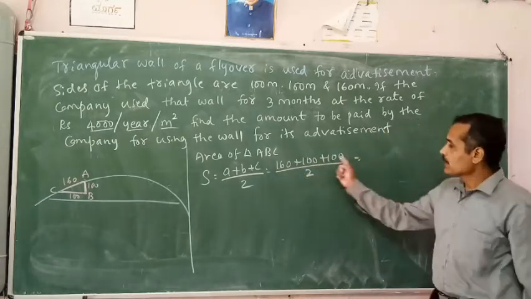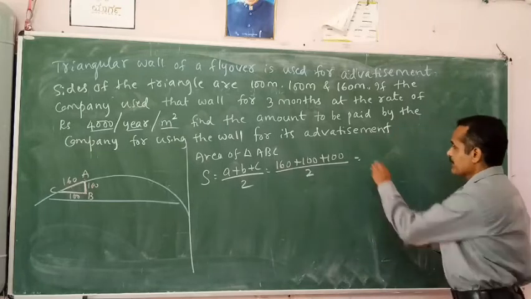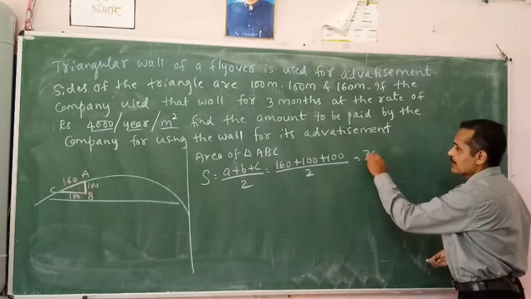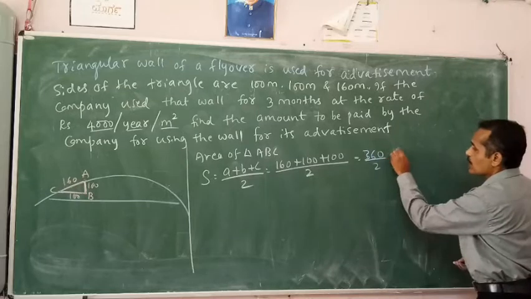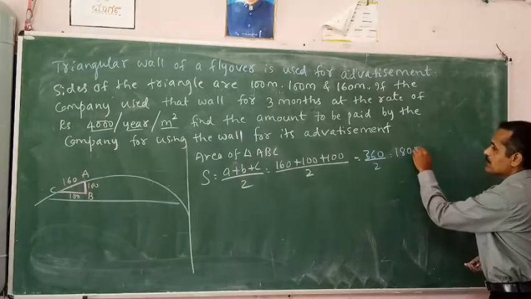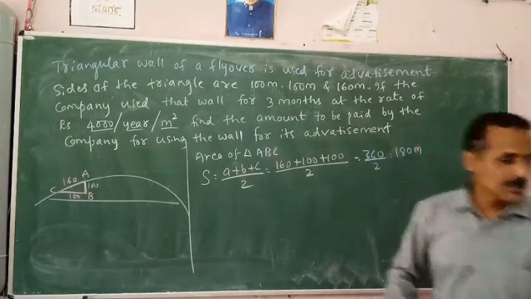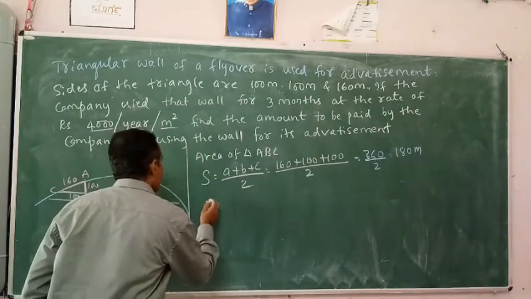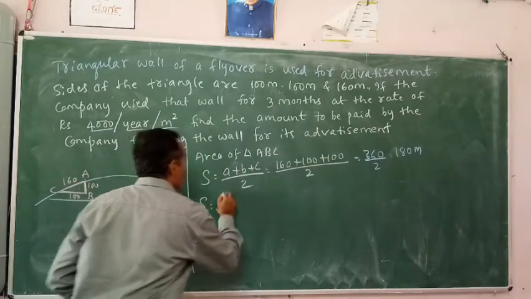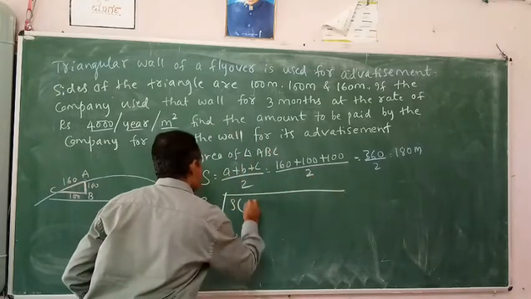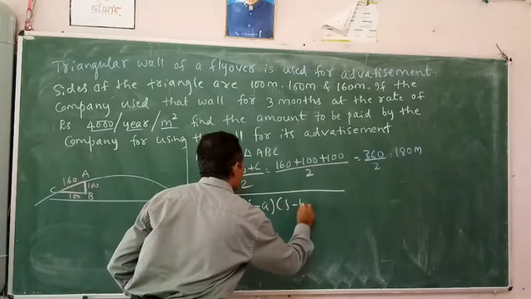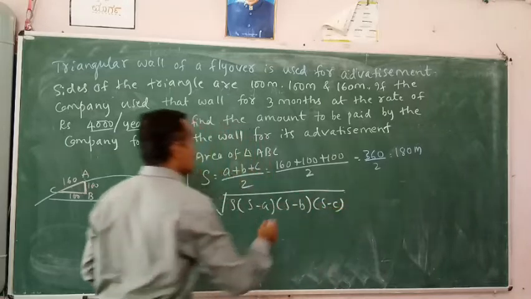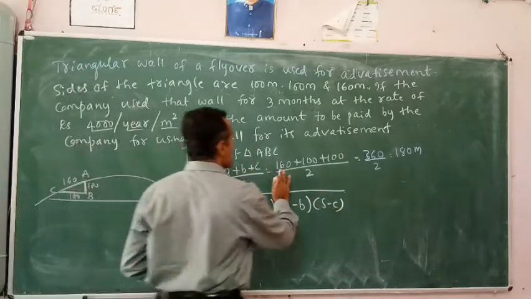How much it is? 200, 300, 360. It is 360 divided by 2. Answer is 180 meters. What is this 180 meters? It is the semi-perimeter. Now let me write. Area is equal to under root S into S minus A into S minus B into S minus C.